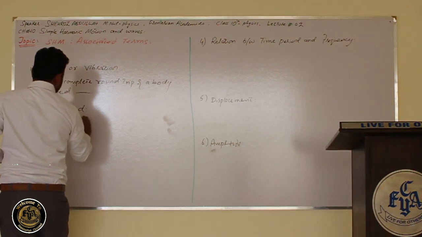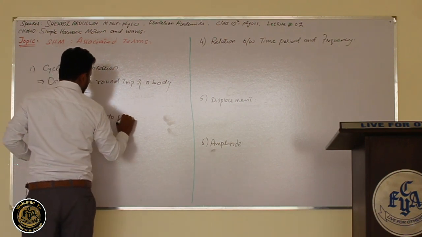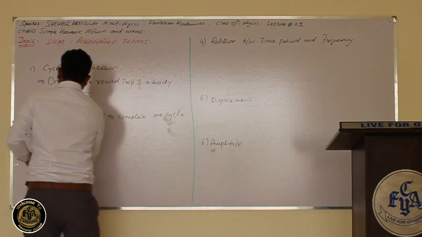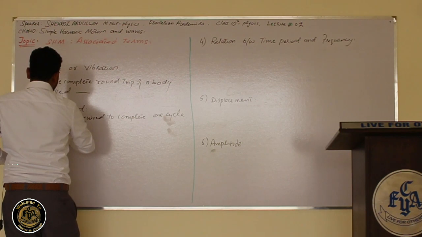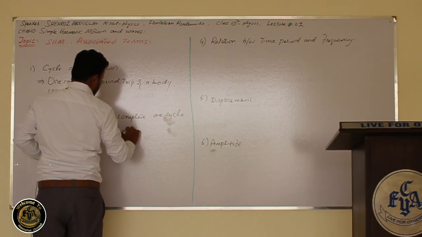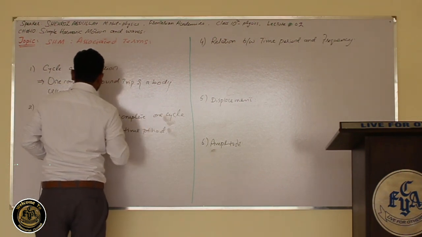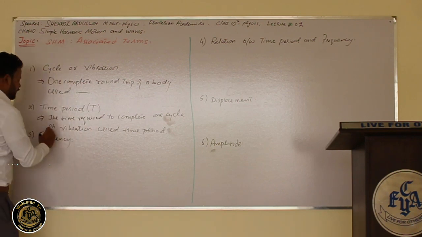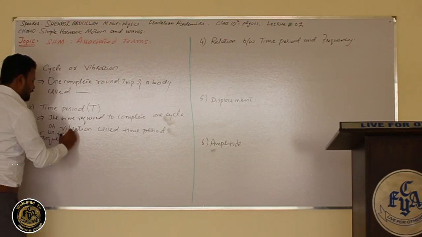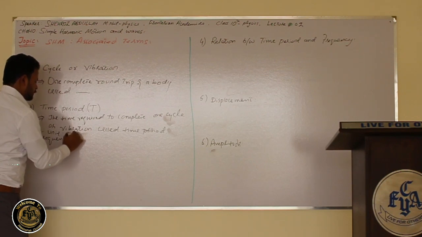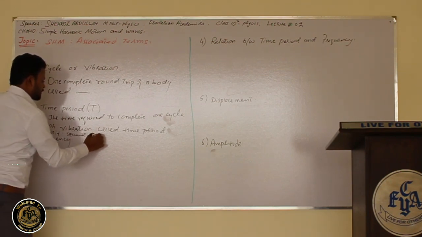The time required to complete one cycle or vibration is called time period, and time period is represented by capital T. The unit of time period is second, represented by s.